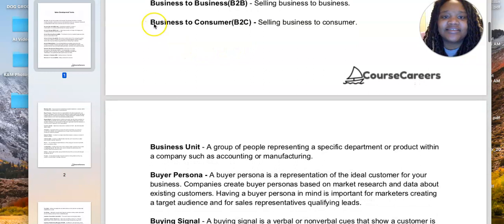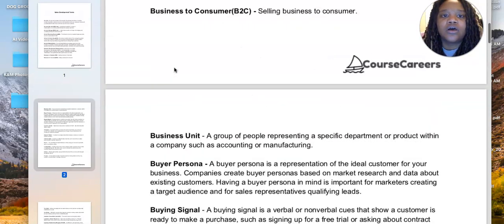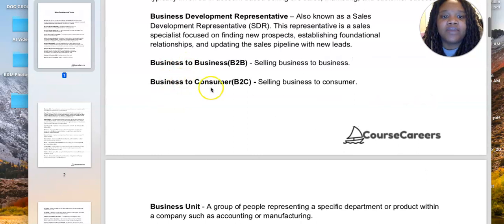Next, we have business to consumer, which is B2C. And also to mention, B2C, business to consumer, is normally one of those transactions that can be done within one call.